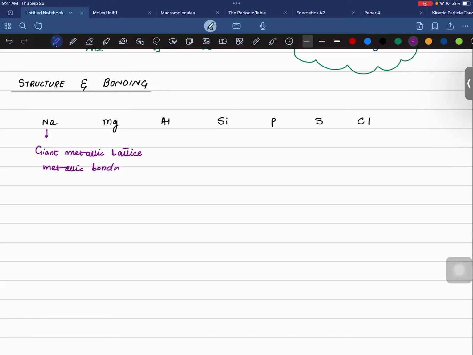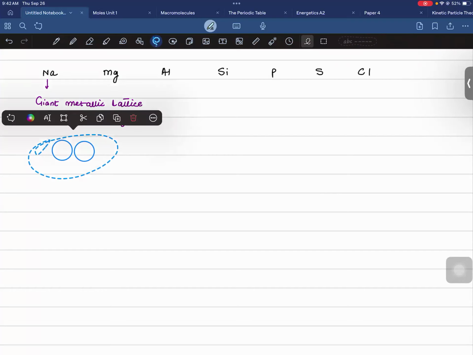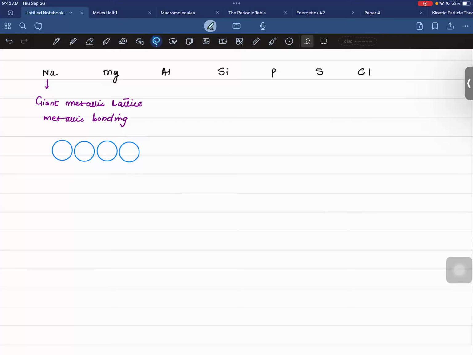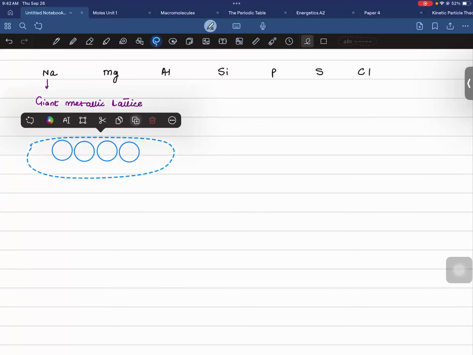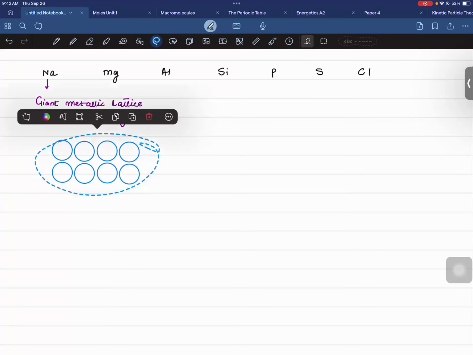What is the sodium bonding with? Basically, sodium is a metal and metal always loses electrons. Let's suppose this is a particle of metal, that is sodium, and we have a lot of particles just like that.